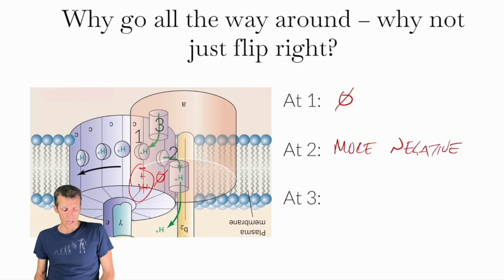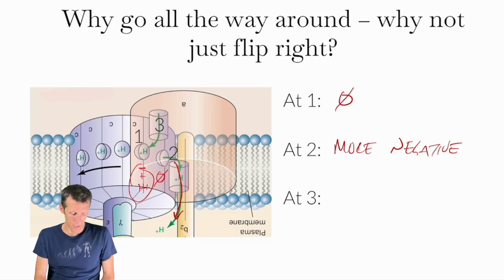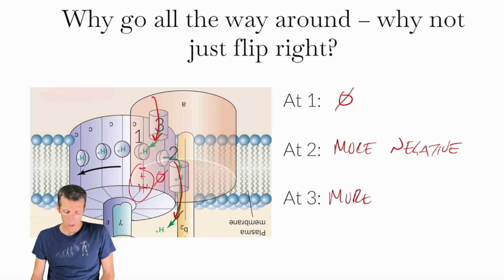And the reason it's more negative is because protons are tending to fall off more often at 2 than they are at 3. So here at 3, more positive. So we've got excess protons here, and we've got less protons here.